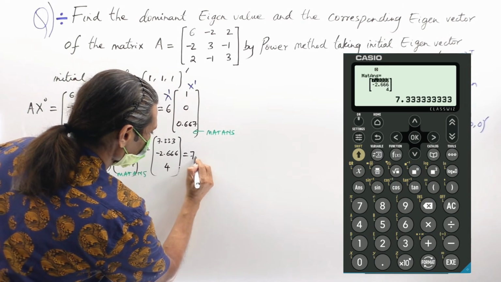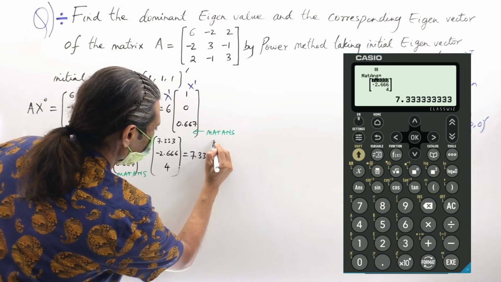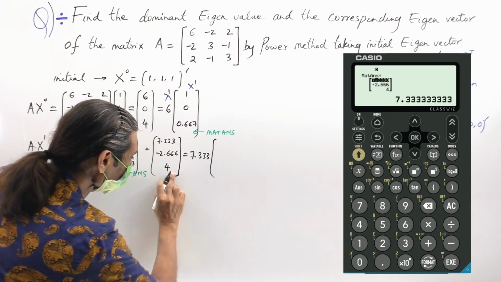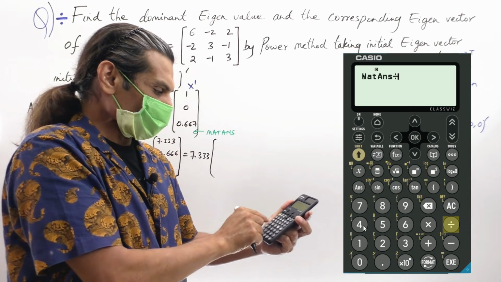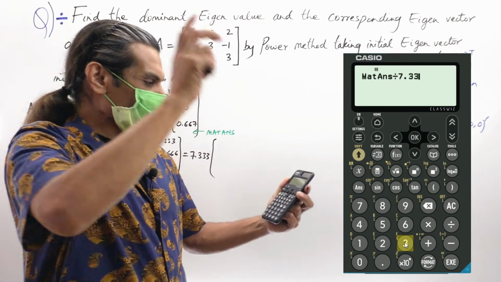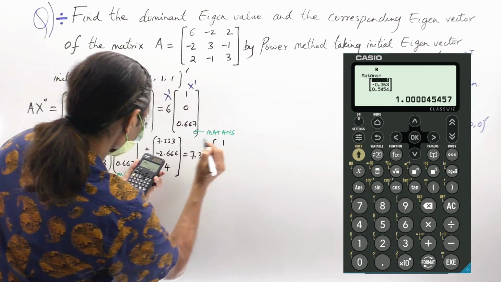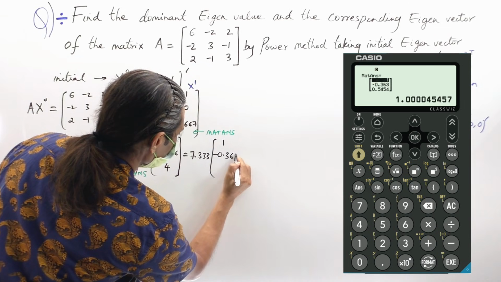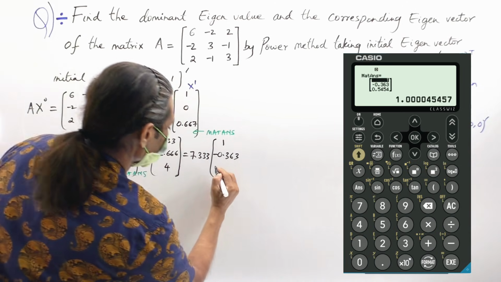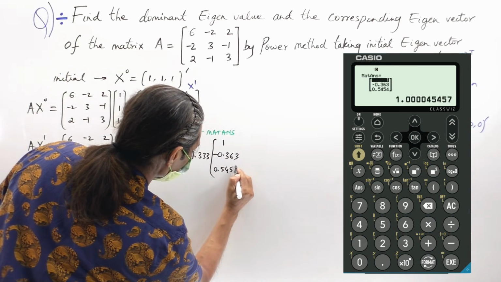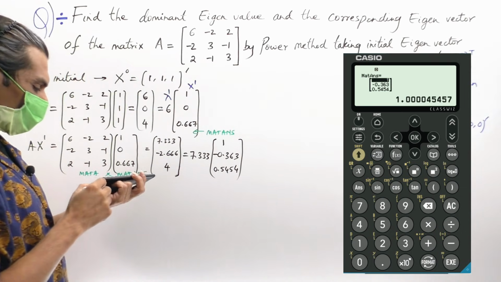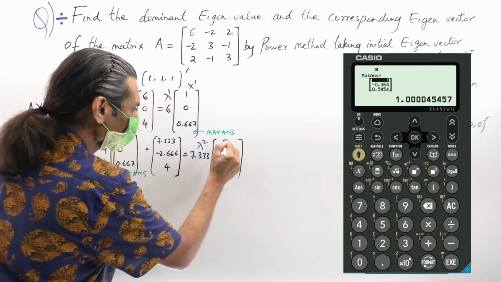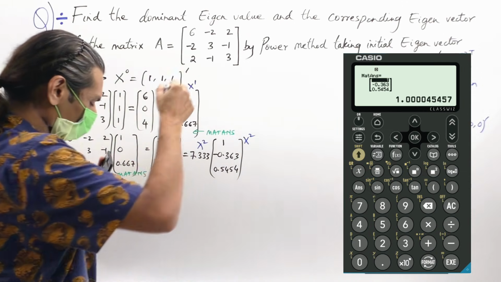Take it outside, and divide this whole thing by 7.333. So simply press divide by 7.333 equals, and we get here 1, minus 0.363 and 0.5454. Now say this is my new eigenvalue lambda 2 and this is my new eigenvector x2.